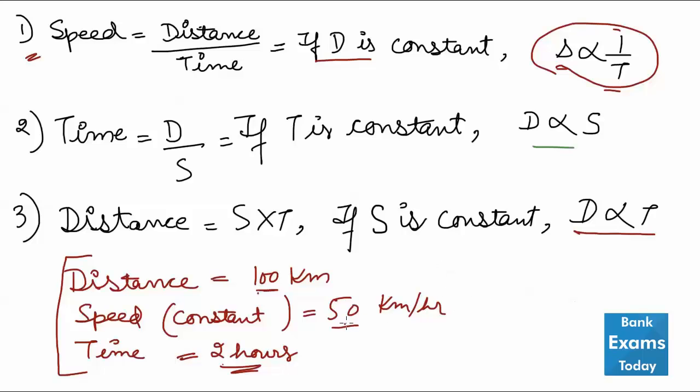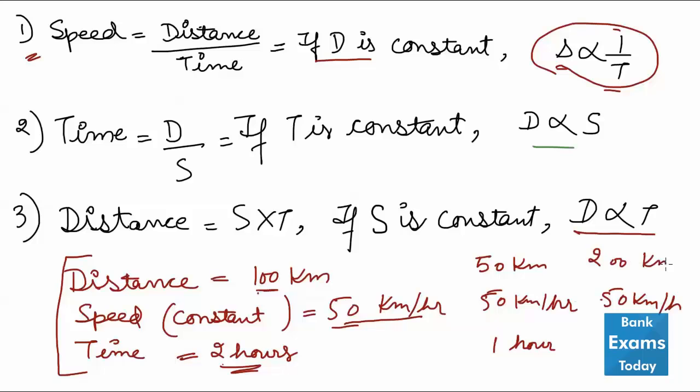If the speed is 50 kilometers per hour, it is constant, and we have to cover 50 kilometers, we can cover the 50 kilometers in 1 hour. In case the speed is constant again, and the distance increases from 100 kilometers to 200 kilometers, we can cover 200 kilometers at 50 kilometers per hour in 4 hours. 200 divided by 50 is 4 hours.